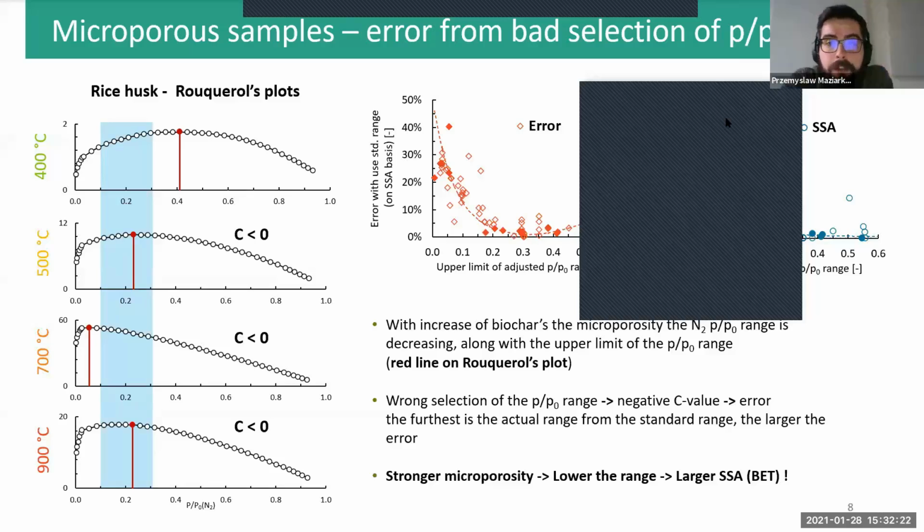That's a very valid point. But how should I put it? In my personal opinion, the diffusion is the key here, because the nitrogen measurements take place at the liquid nitrogen temperature, so at 77 kelvins.